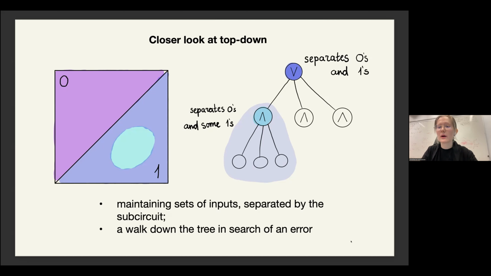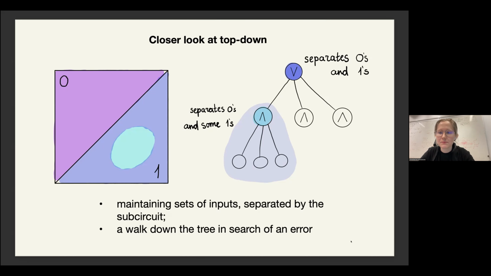Now, without loss of generality, let us assume that the top gate is an OR gate. What does this mean? Suppose that it gives 0 on some input. Well, this means that all of the subcircuits in the next layer of the tree also give 0 on this input, just for this OR gate to be computed correctly.